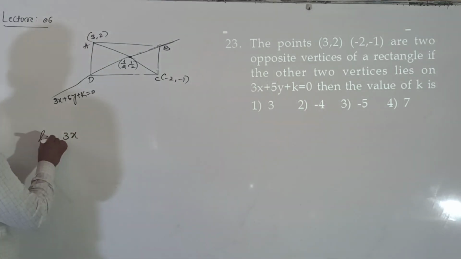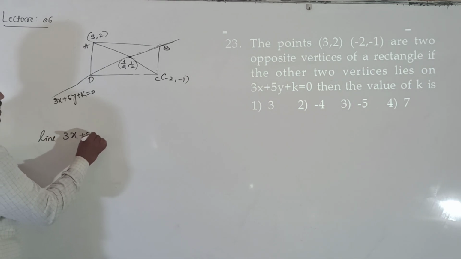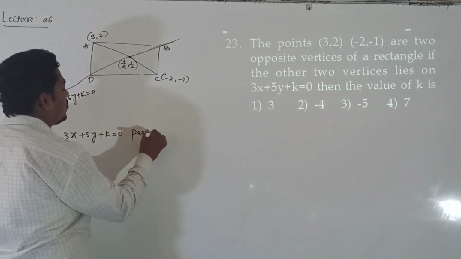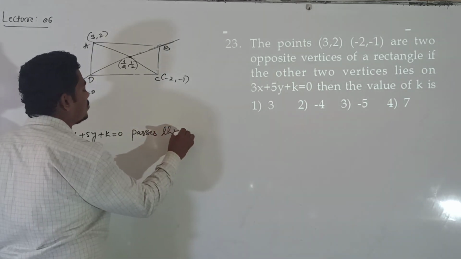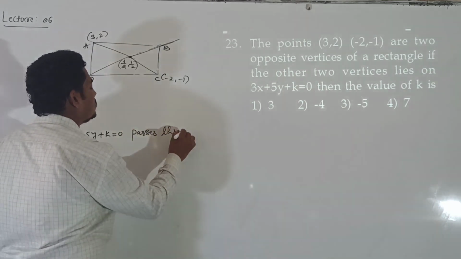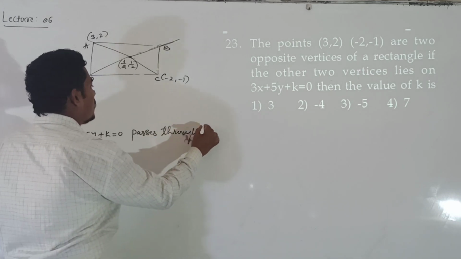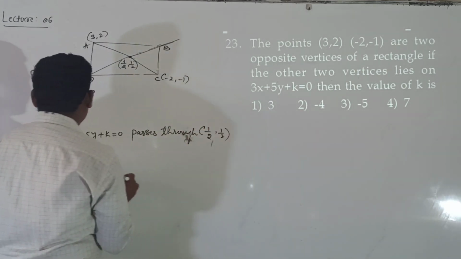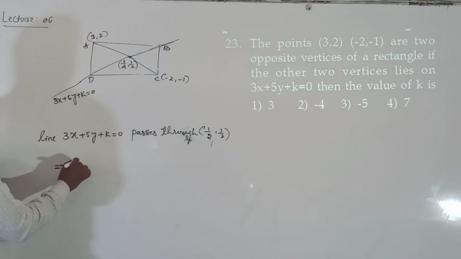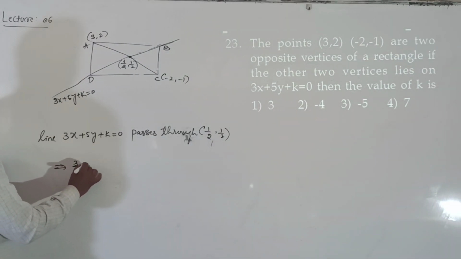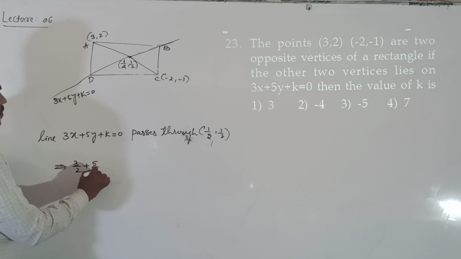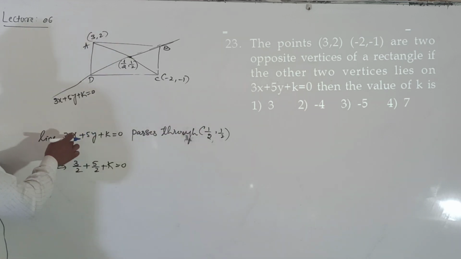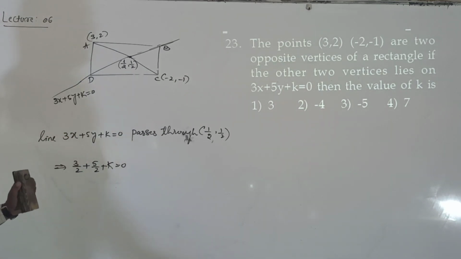The line 3x plus 5y plus k equal to 0 passes through (1 by 2, 1 by 2), which implies 3 by 2 plus 5 by 2 plus k equals 0. Passing through this point means replace the x value as 1 by 2 and the y value as 1 by 2.